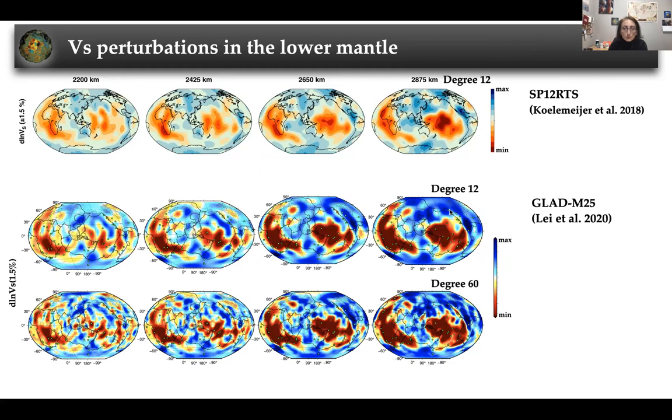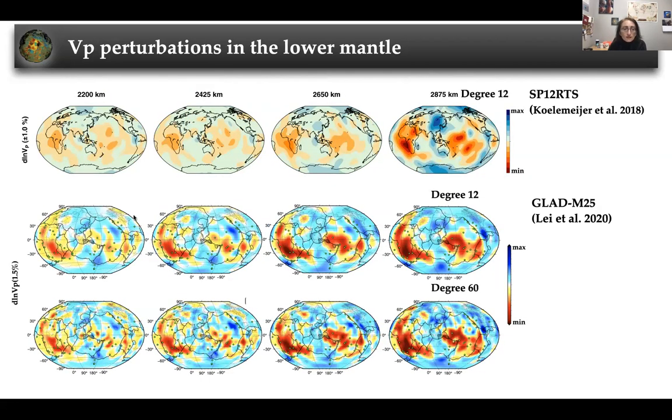It's very encouraging to see that, of course, the perturbations are different, but there is quite good agreement in the S-wave speed perturbations in the lower mantle. If you make a one-to-one comparison, even this red blob here corresponds in both. So there's a really good correlation, I would say, except for the amplitude of the perturbations.